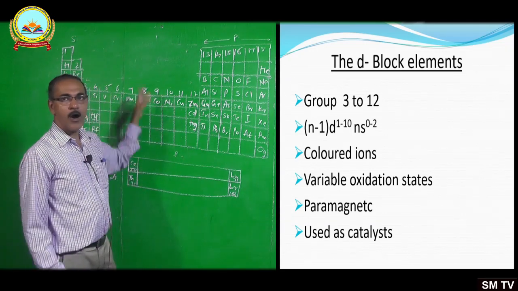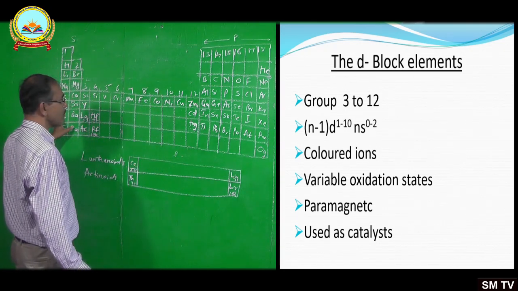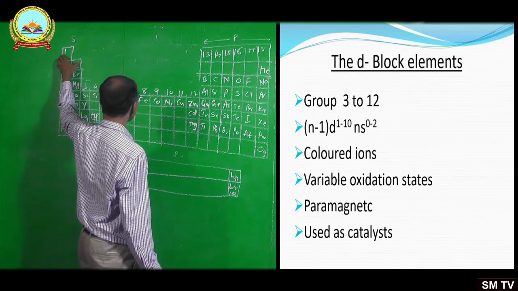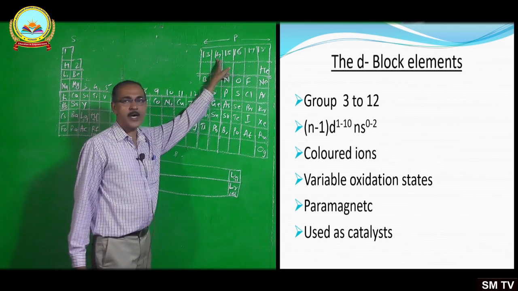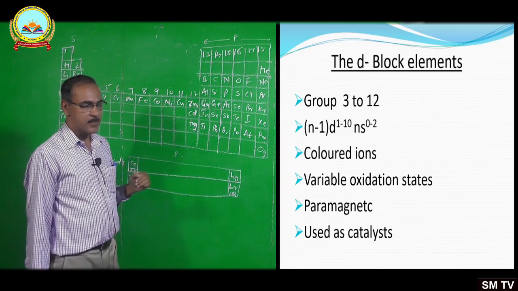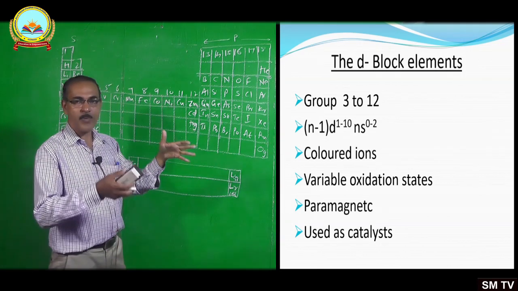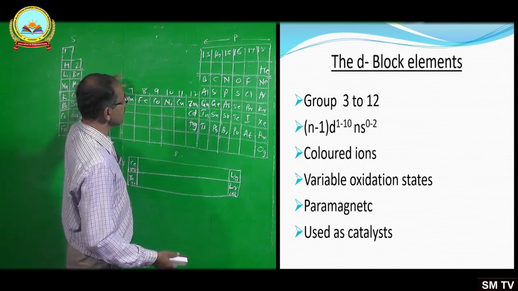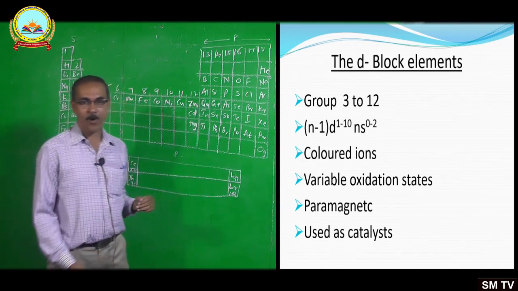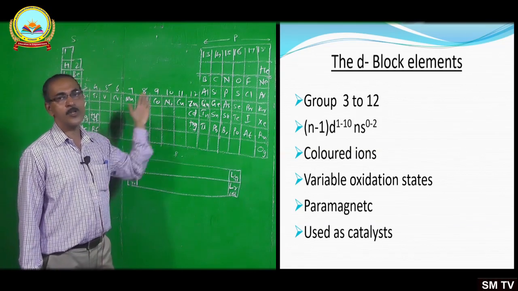and the D block elements are the bridge between the highly reactive S block elements, that is group 1 and 2, as well as the less reactive group 13 and 14 elements. Thereby their property gradually changes. They form a bridge between the S block and the P block, and the property changes gradually from metallic to non-metallic.